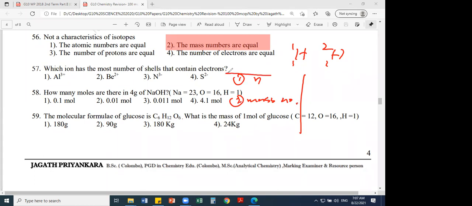What is equal? Protons are equal, electrons are equal, electronic configuration equal, atomic number equal. I put Z for atomic number. Electrons and configuration both the same. Protons 1 1, electrons 1 1. And their chemical properties are the same. So what is different? Neutrons and the mass number.